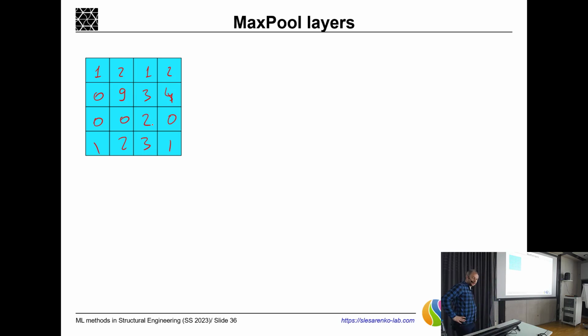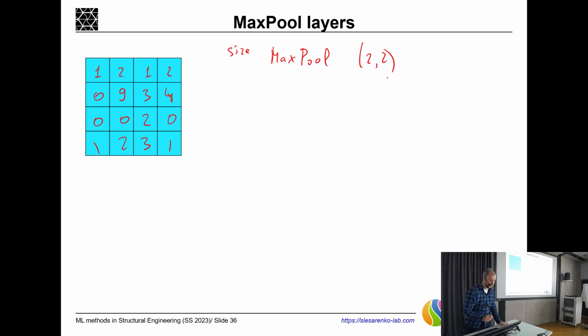So, what do you think max pooling does? This layer has only one parameter that you can put there, except padding and all the stuff. It's the size. So let's take max pool with the size 2 by 2.